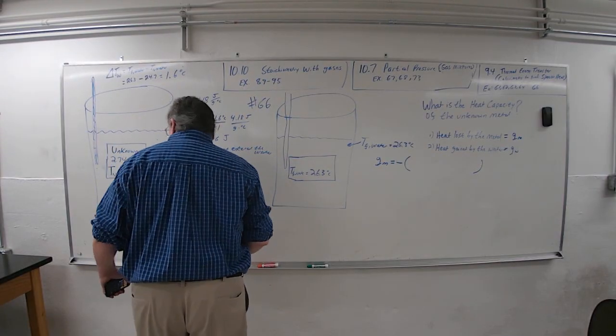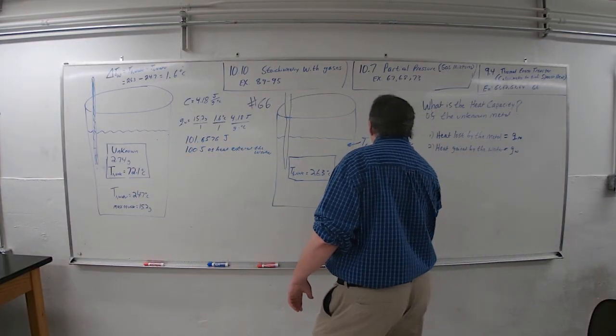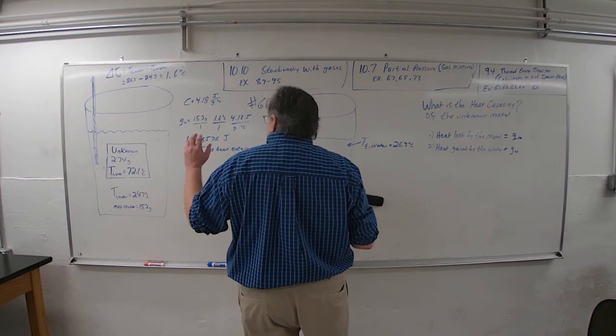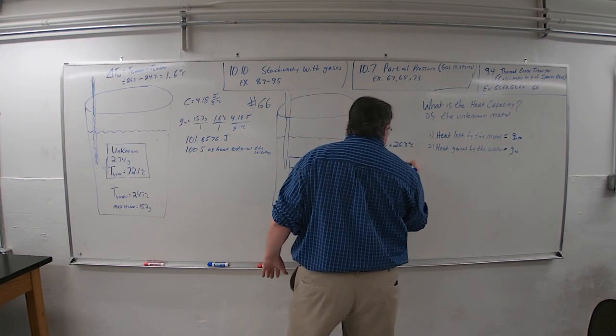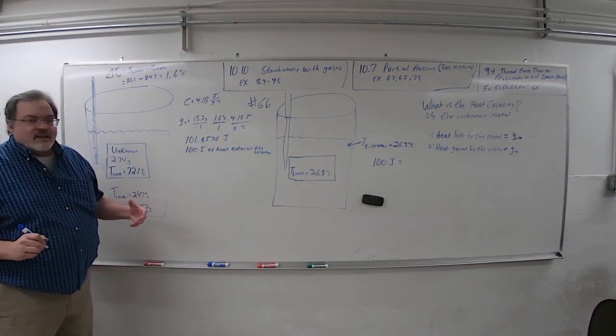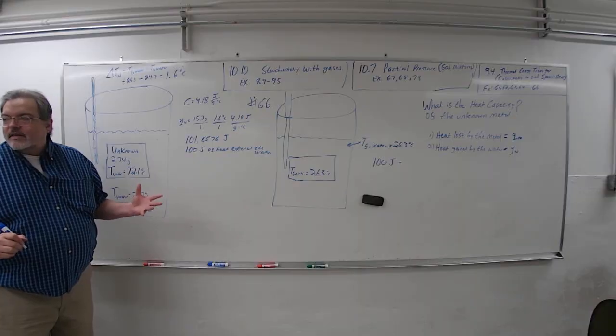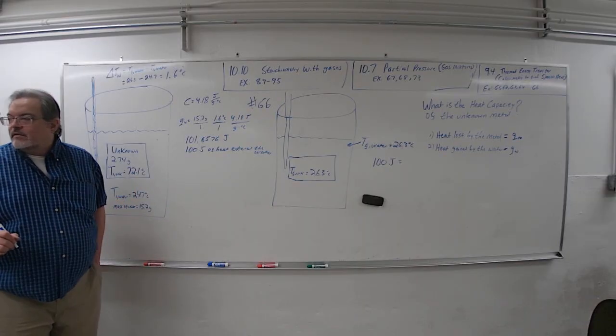Now let's just do absolute value. It won't matter. So the heat that left the metal was 100 joules. The amount of heat that entered the water is the same as the amount of heat that left the metal. I'm probably just over-explaining this.